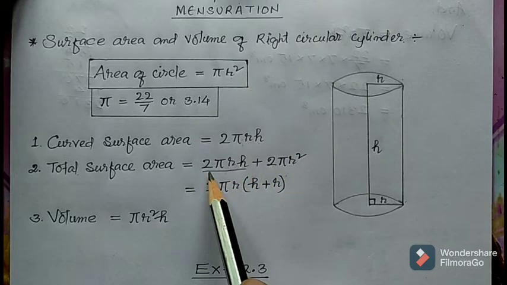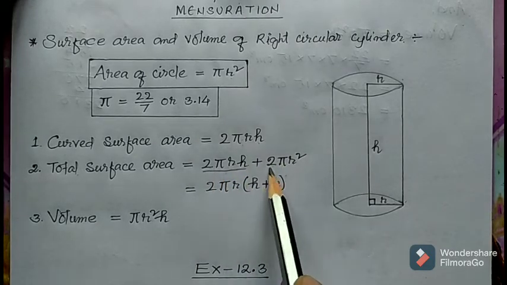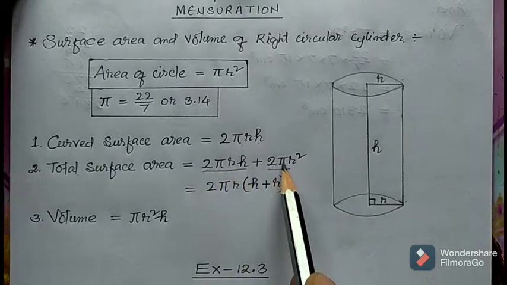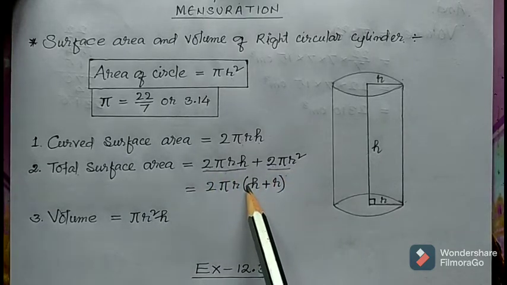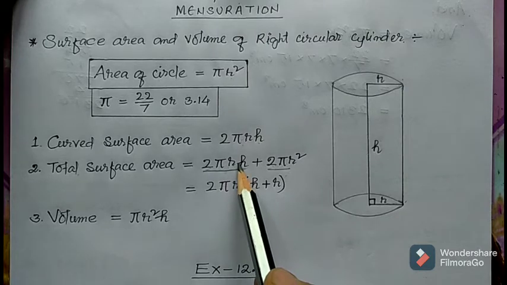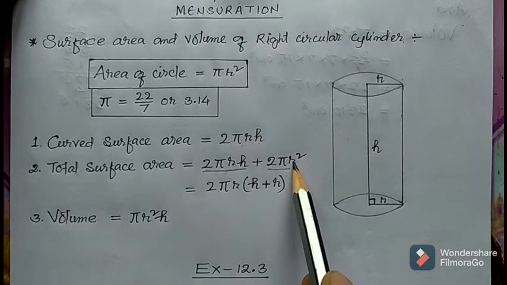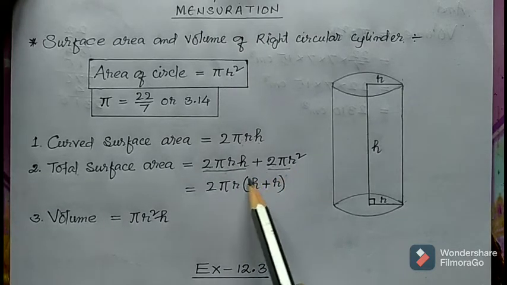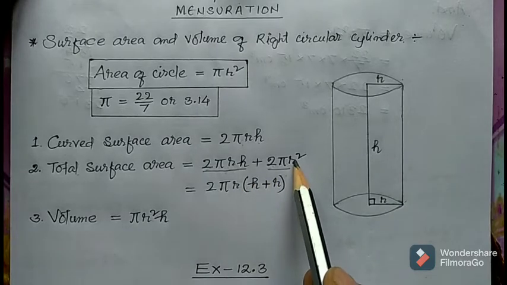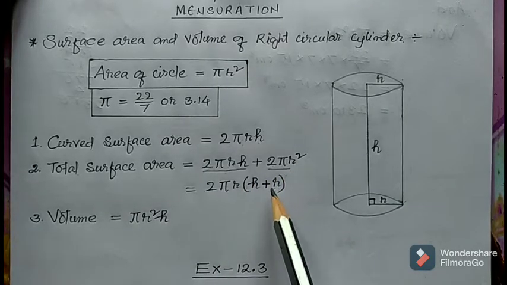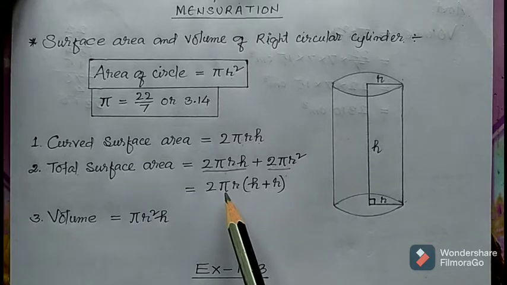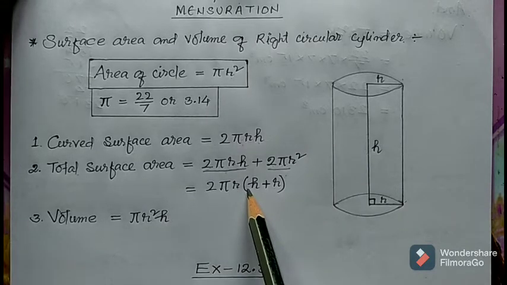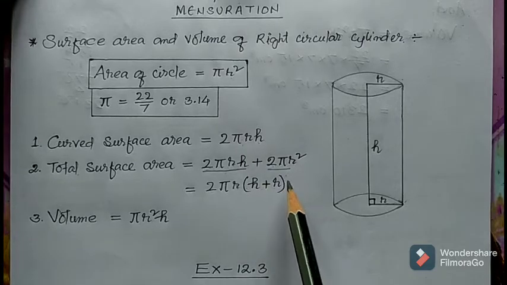Then from these two terms, 2 pi r is common. We have taken it common here. After taking 2 pi r common, h is left. And since there is r square, even if we have taken 1 r common, 1 r is left. That is written inside the bracket. So the formula for total surface area of a cylinder is 2 pi r (h plus r).